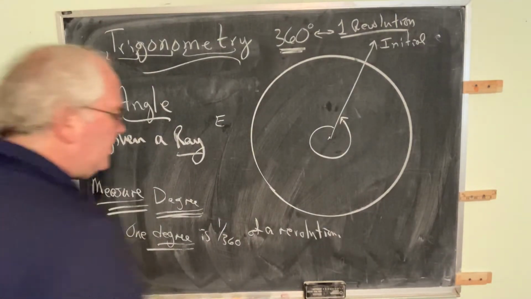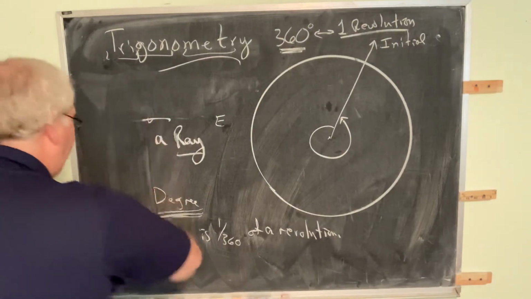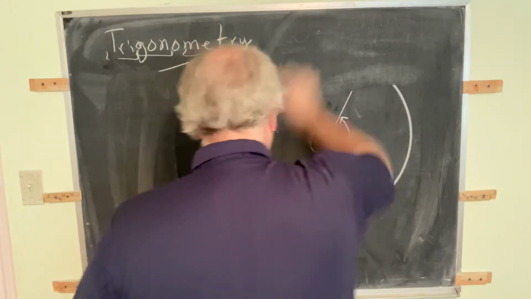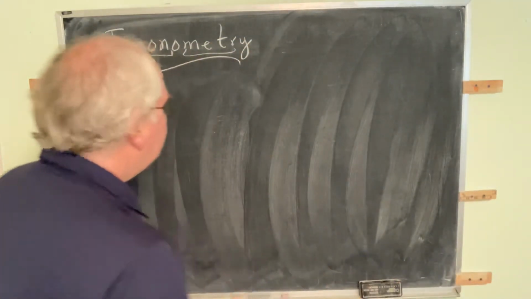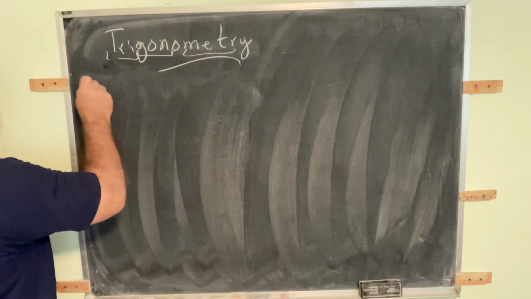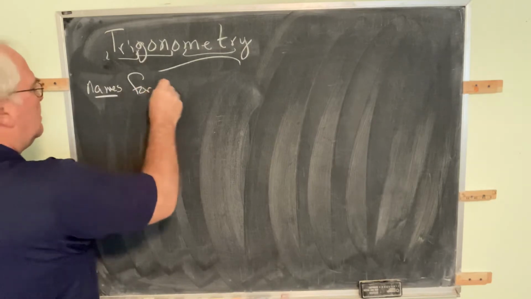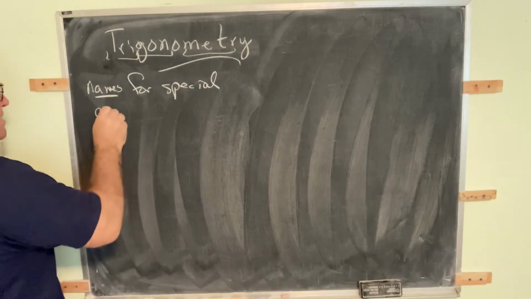With that, we then have special kinds of angles, or names. I'll say categories.